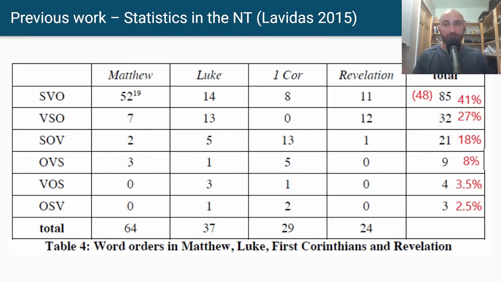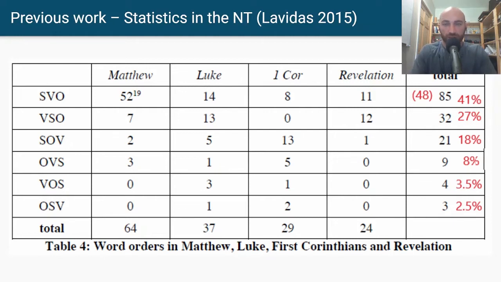SVO is clearly statistically dominant, but it isn't so much that it should lead us to just conclude that SVO is the basic order. Right now, we'd have to go through and look at all the clauses, see, okay, do these SVO clauses occur in basic contexts or in pragmatically neutral contexts?